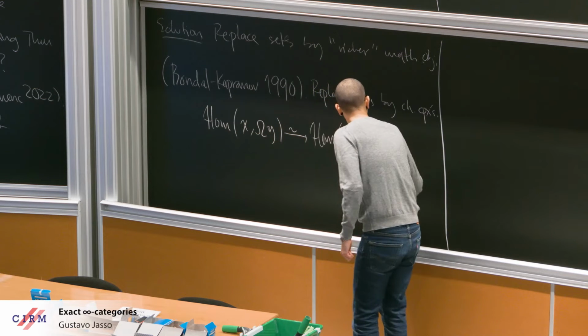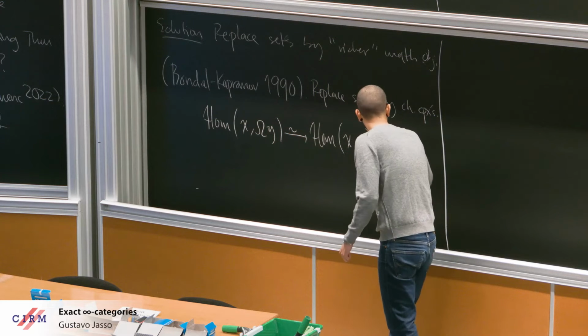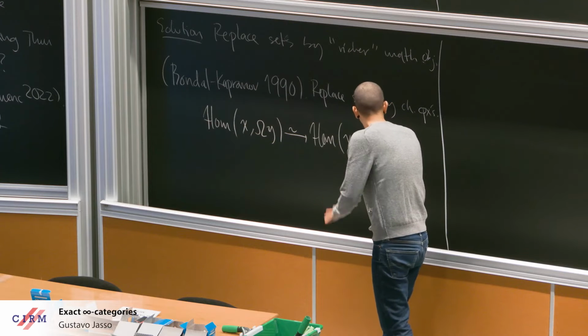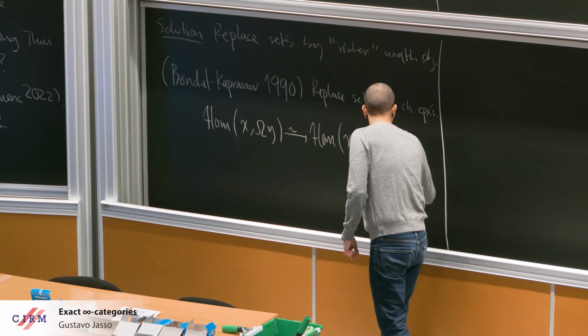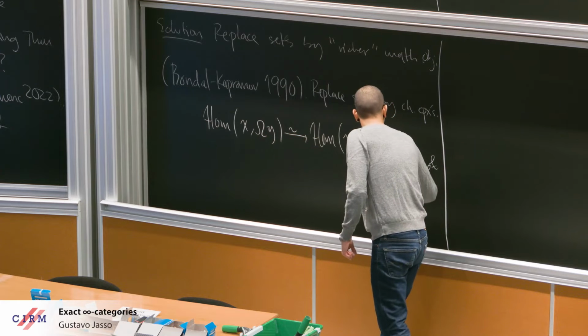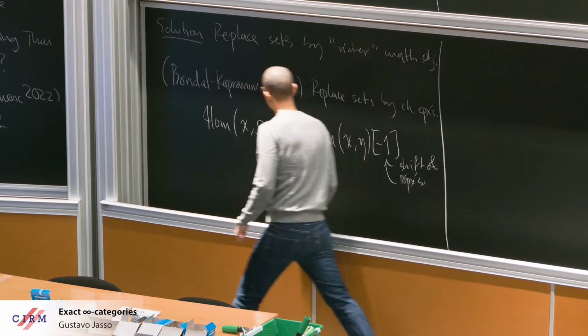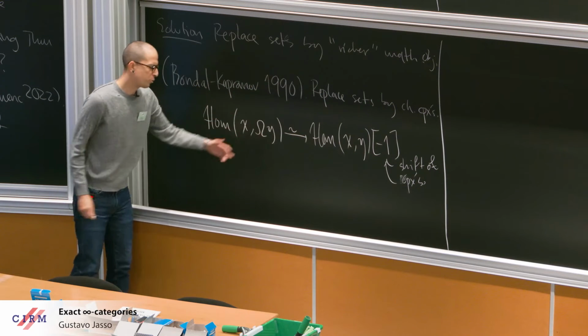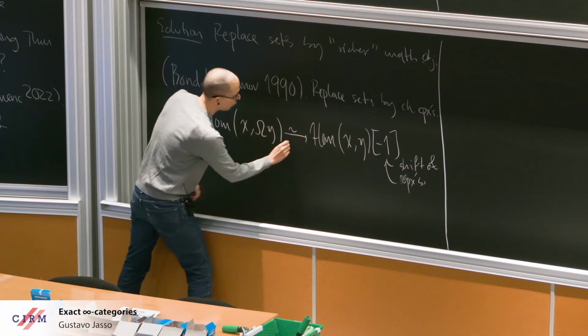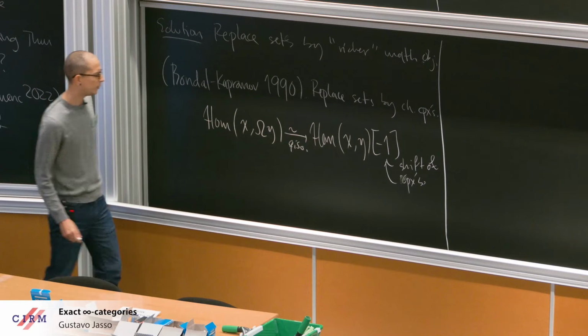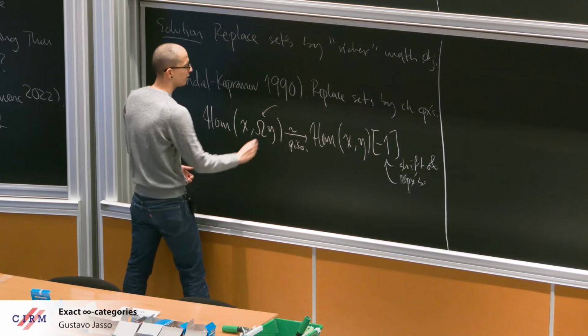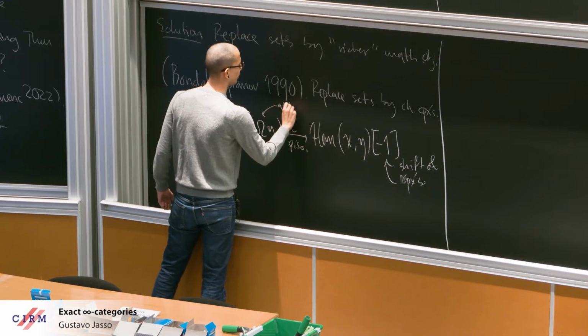And you can ask that if you take the chain complex of maps from x to y, and you shift it, so this is the shift of complexes, then there is an object such that there is now maybe perhaps even a quasi-isomorphism of complexes. So there's some kind of abstract shift.